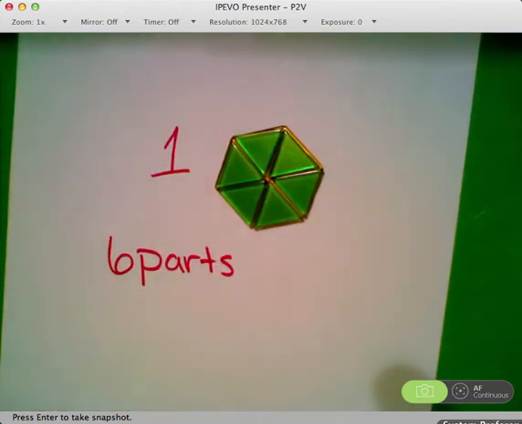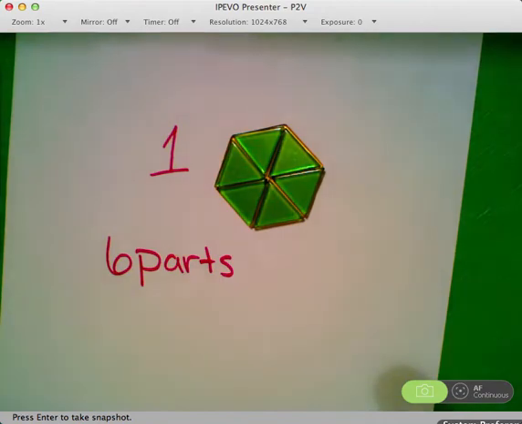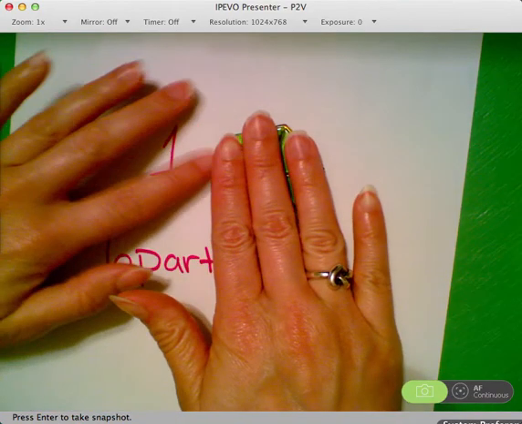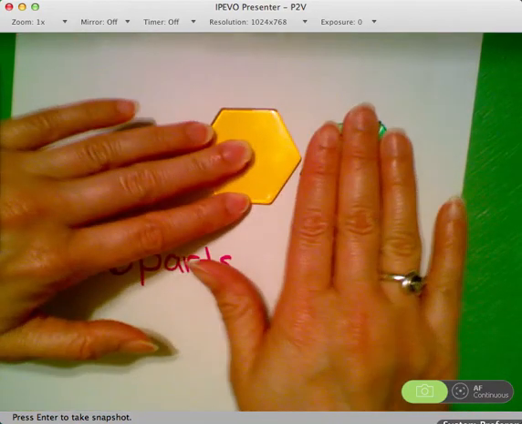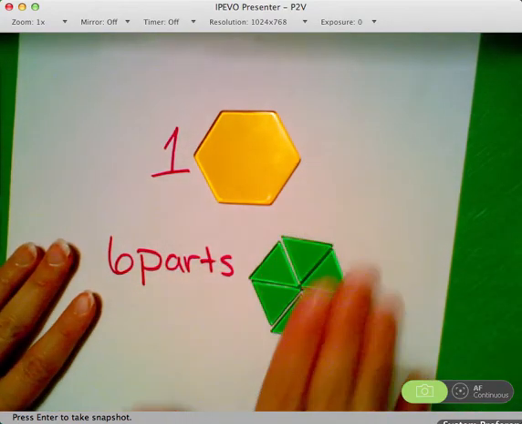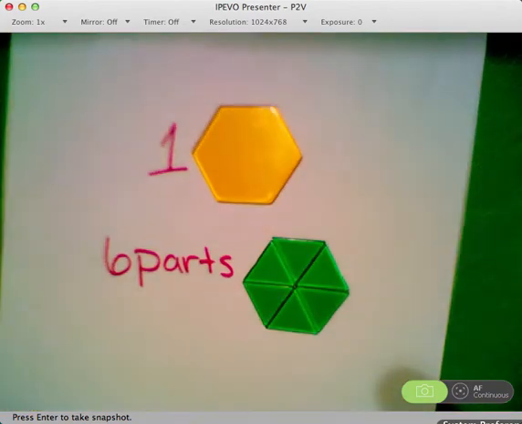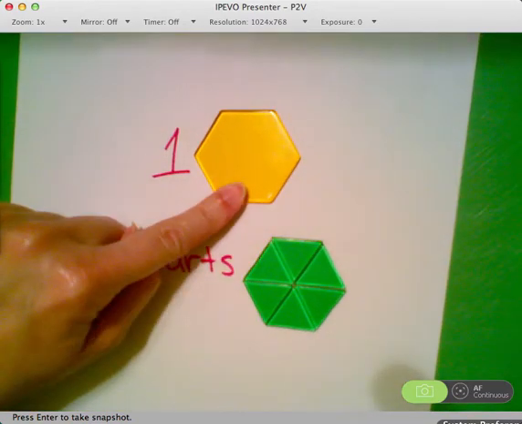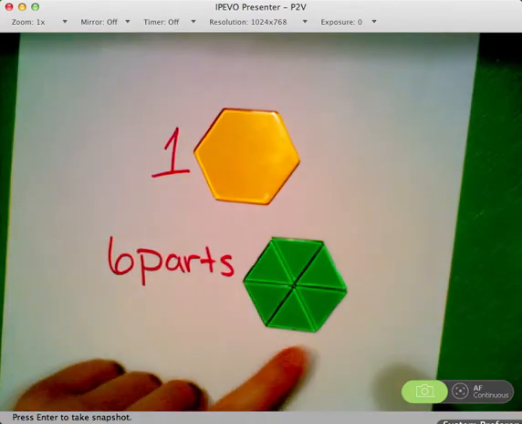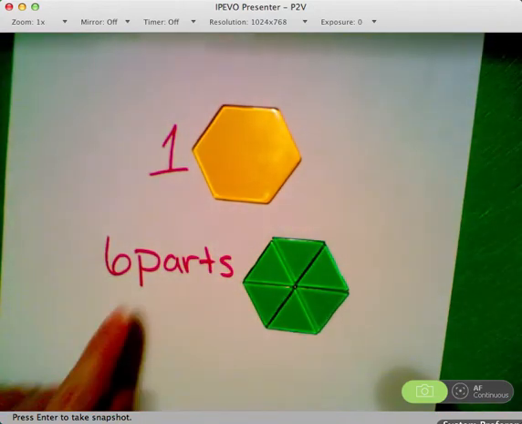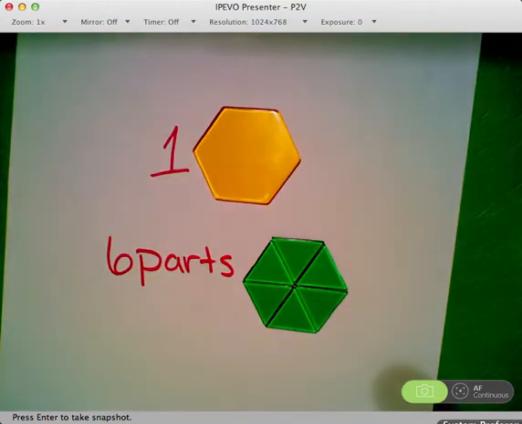Wow. 6 parts. So let's look at it this way. One whole hexagon. Well, this is another whole hexagon, but it has 6 parts.